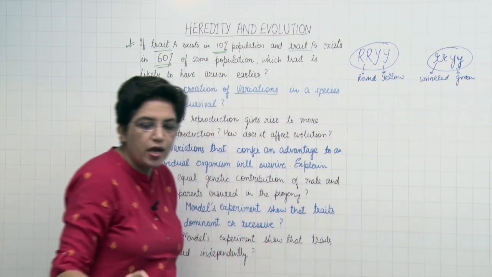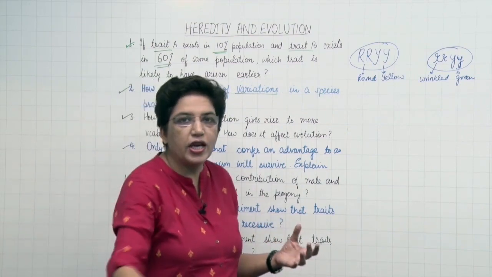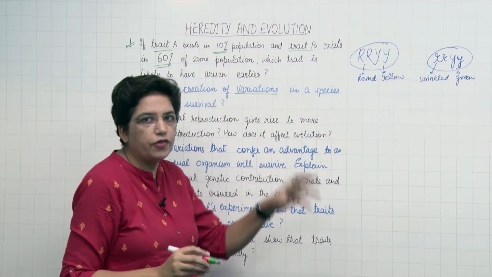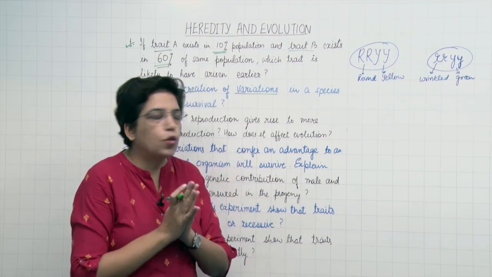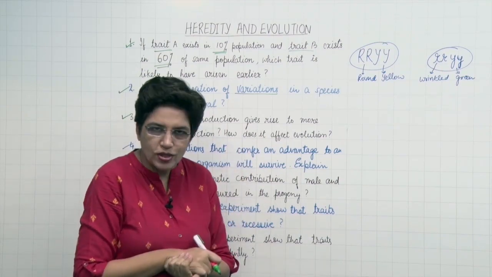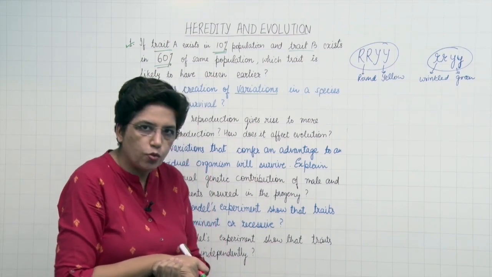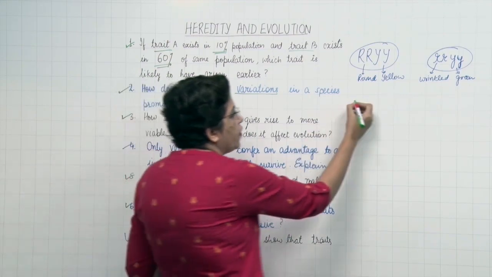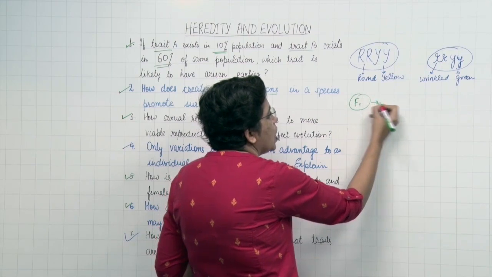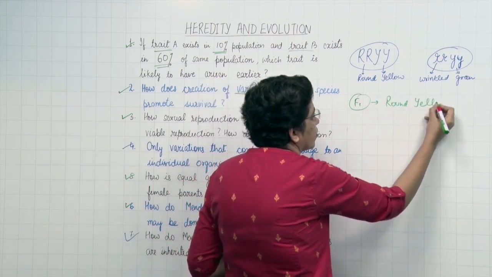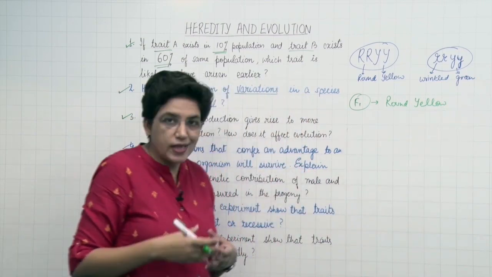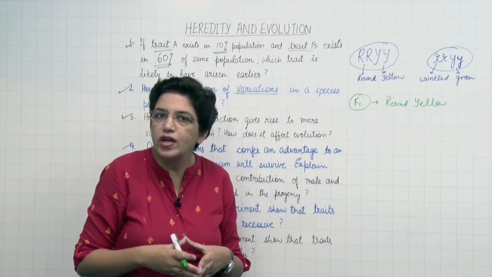On the other hand, small r represents wrinkled seeds and small y is green seeds. So in this case we are taking into account two different characteristics of the seeds of the pea plant. When the cross hybrid was done between these two plants, in F1 all the plants were found to be round and yellow.